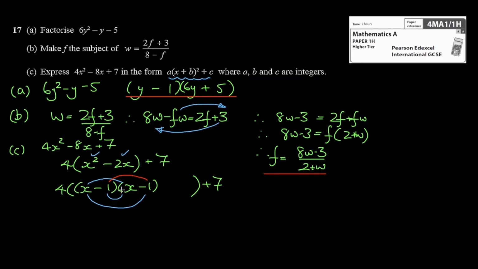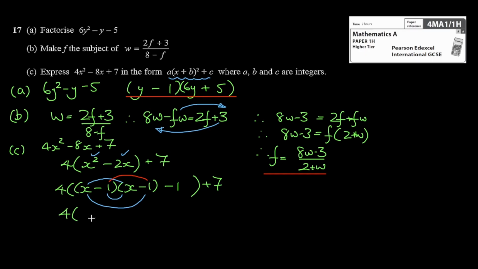However, negative 1 times negative 1 will give us a surplus of a positive 1. So I'm going to have to take that away, or what's inside the bracket controlled by the 4 will not equal the line above. Remember, the 4 will control our adjustment as well. So our next line becomes 4.